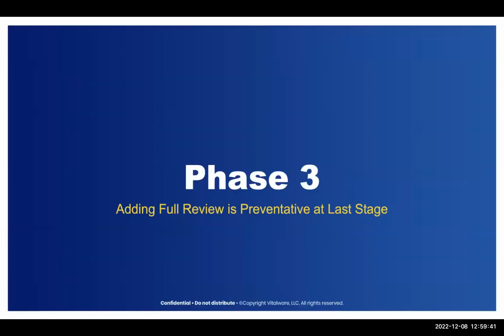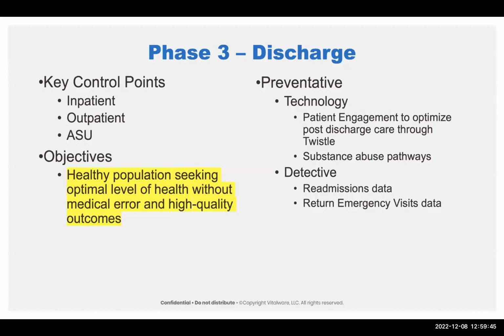So phase 3 is your last step to fixing things. Control points are inpatient, outpatient, ASU. And the objective is a healthy population seeking optimal level of health without medical error and high quality outcomes. That is the objective of every patient in every setting every day.